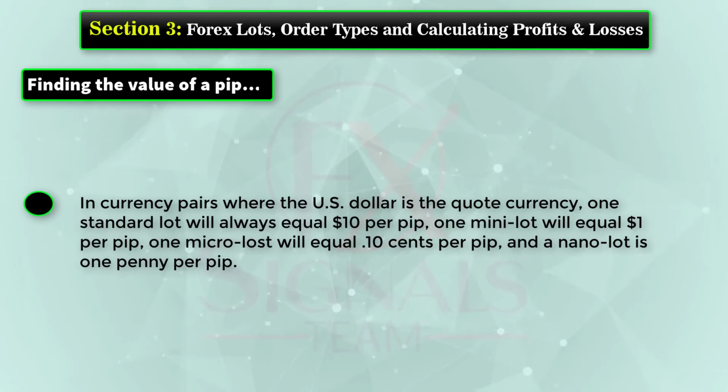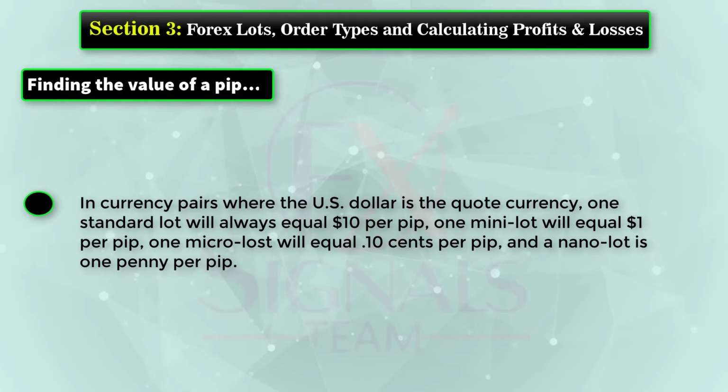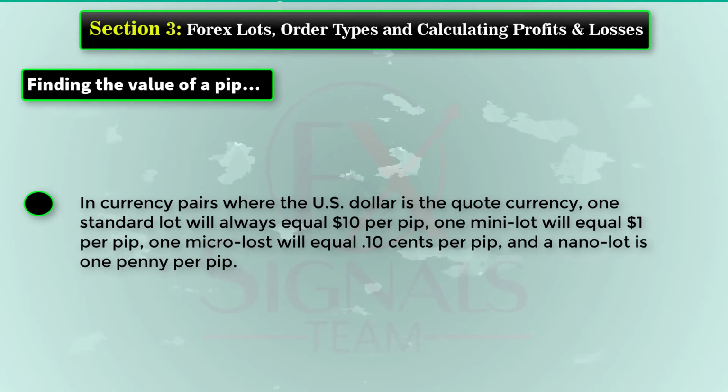In currency pairs where the US dollar is the quote currency, one standard lot will always equal $10 per pip, one mini lot will equal $1 per pip, one micro lot will equal 10 cents per pip, and a nano lot is 1 penny per pip.